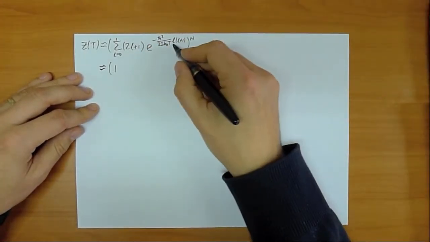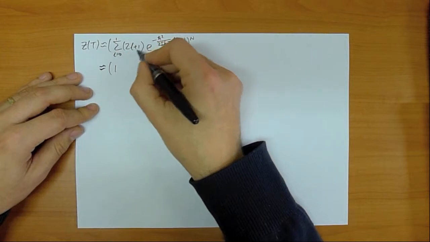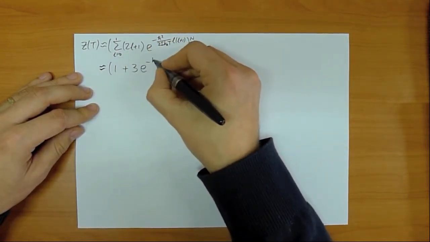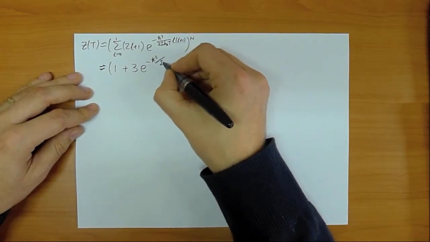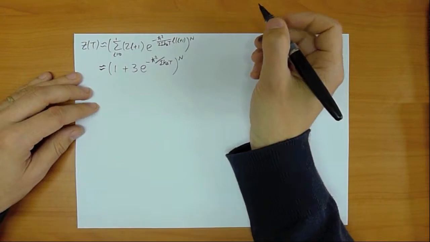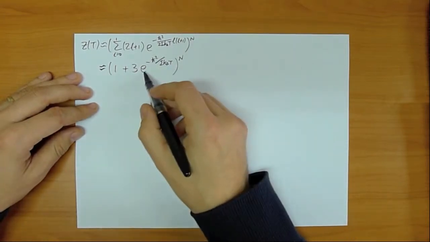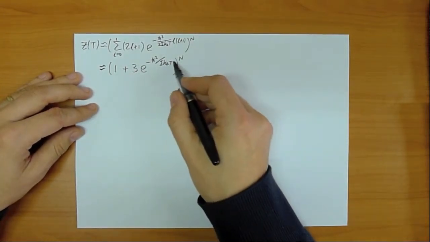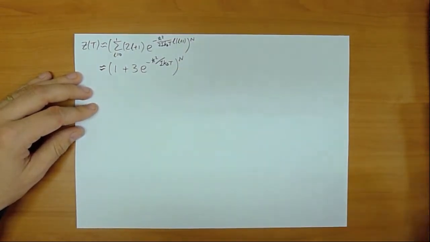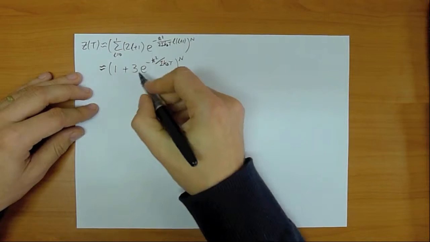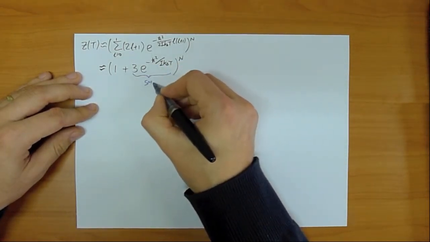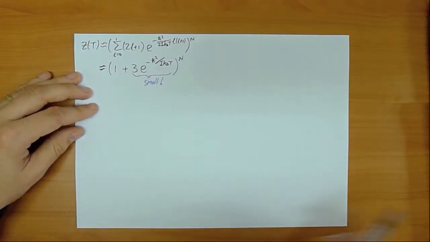If L is 1, this gives me a 2, this gives me a 3, so I get 1 plus 3 e to the minus h bar squared over I kb t, all to the power n. Okay? And if t is small, then as we said, this prefactor is going to be large, and therefore this exponential is also small. So what follows, we can treat this term here as a small parameter.